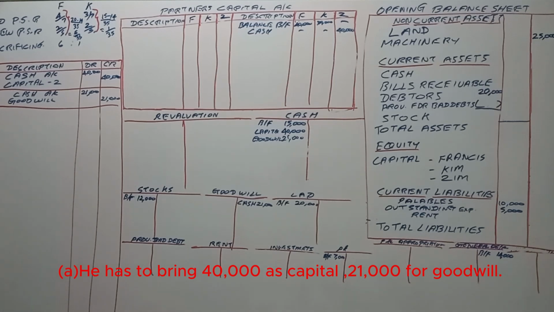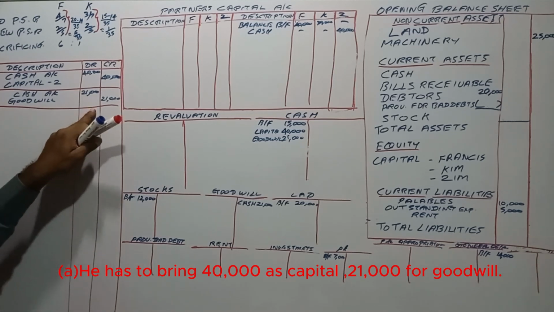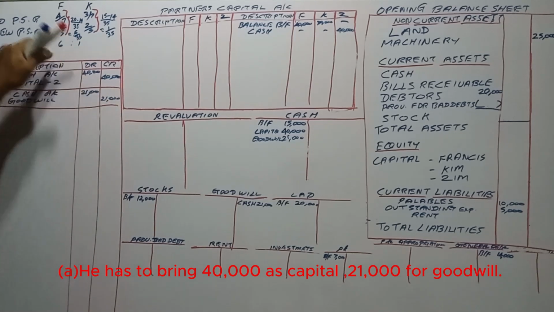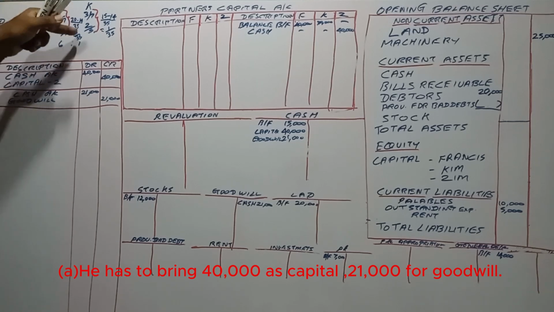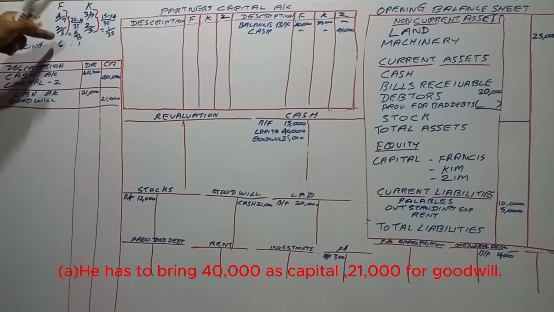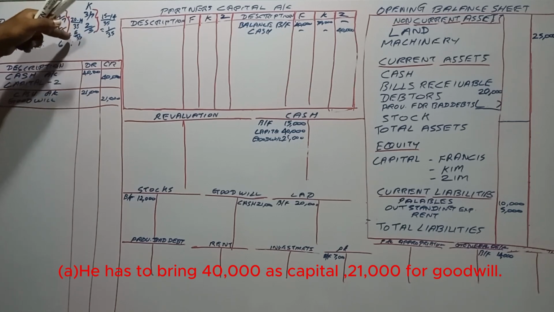So we have to distribute the goodwill according to this sacrificing ratio. Old ratios are 4 by 7 and 3 by 7, and new ratios are 2 by 5, that is 2 is to 2 is to 1, that means 2 by 5. 4 by 7 minus 2 by 5 equals 6 by 35.